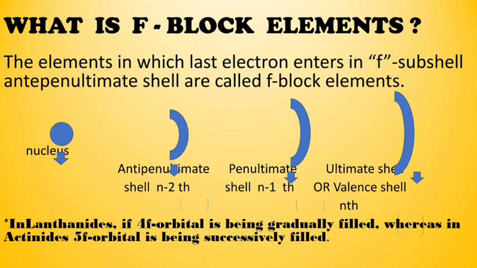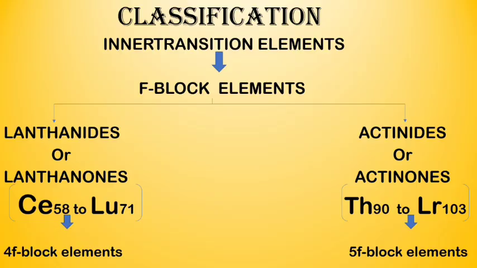Next is the classification of inner transition elements. The inner transition elements, that is the F block elements, have been classified into two series: lanthanides or lanthanones and actinides or actinones.